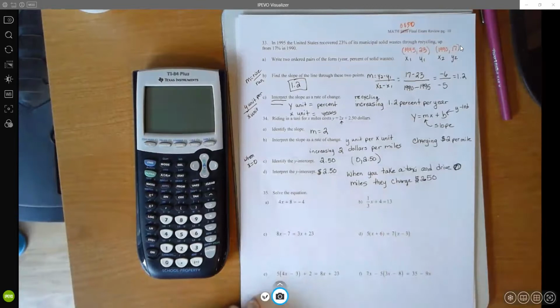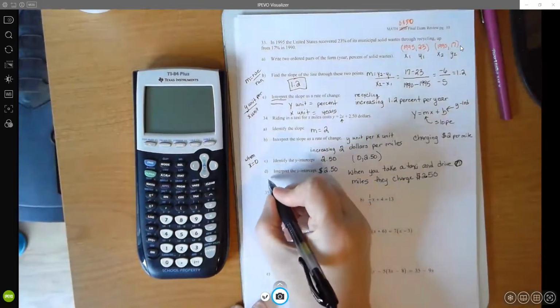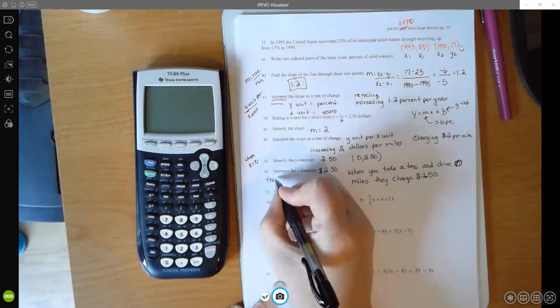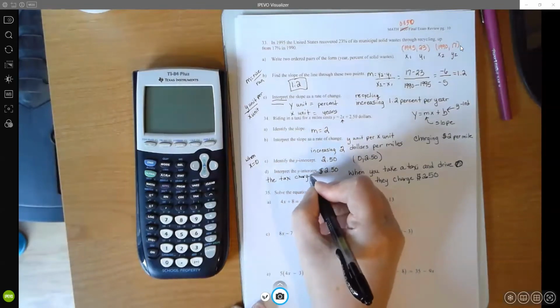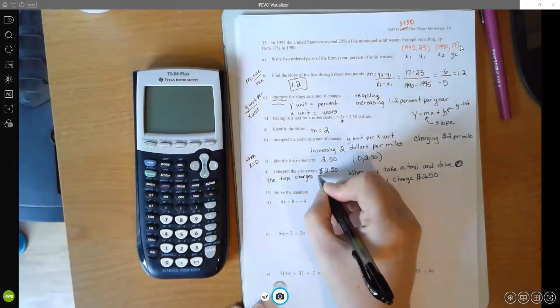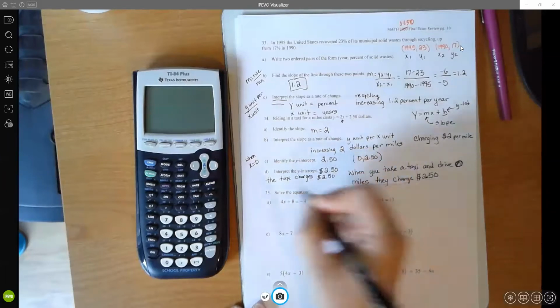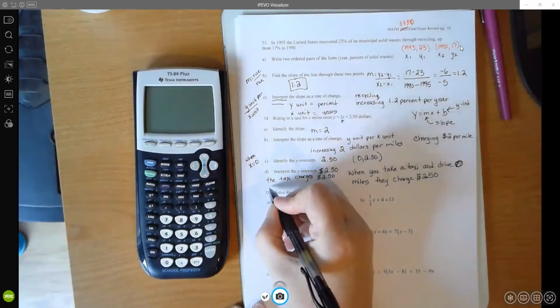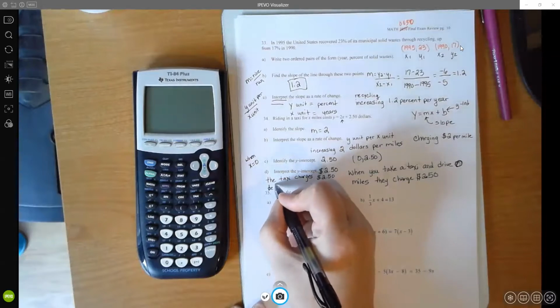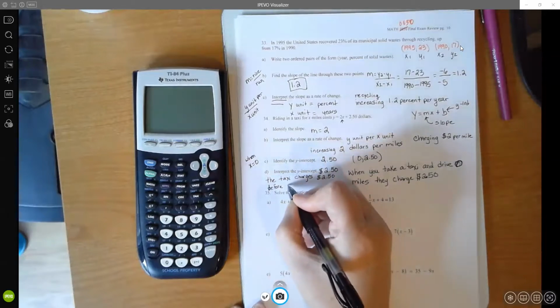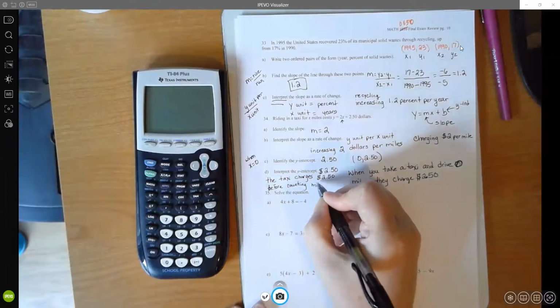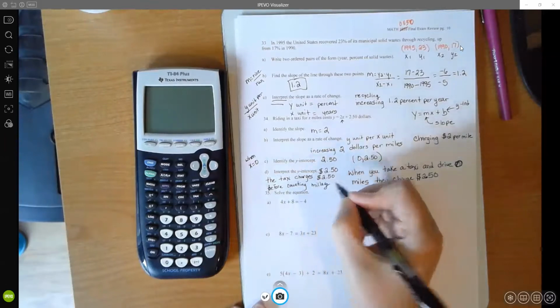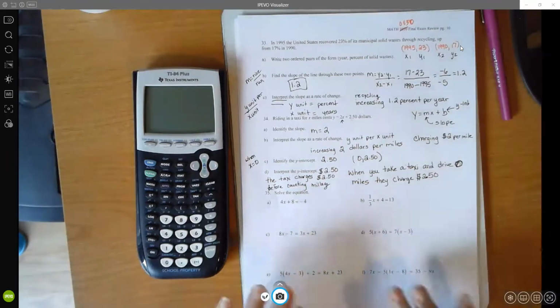But you can even write it simpler than that: the taxi charges $2.50 before counting the miles. And I didn't spell mileage right, but just ignore that. Okay.